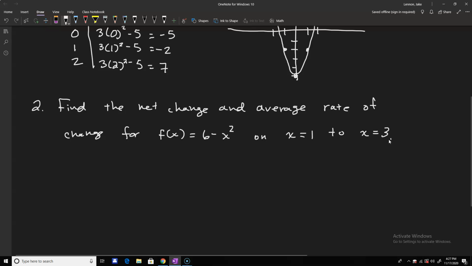So remember, the average rate of change is essentially similar to the slope formula. We just have to find the y values first. So let's find both of those y values.